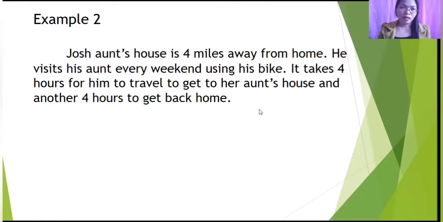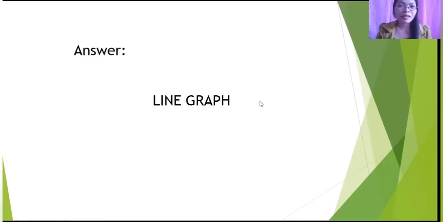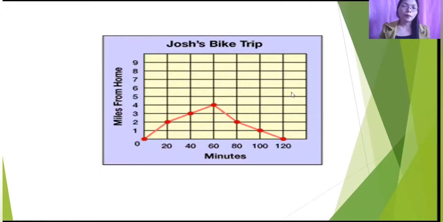Okay. The answer is, anybody? All right. The answer is line graph. Why line graph? Okay. We are going to use a line graph because in a line graph, you can present the number of miles that Josh traveled from his home to his aunt's house and the number of minutes he takes to get to his aunt's house and then the number of minutes he takes to get back home.